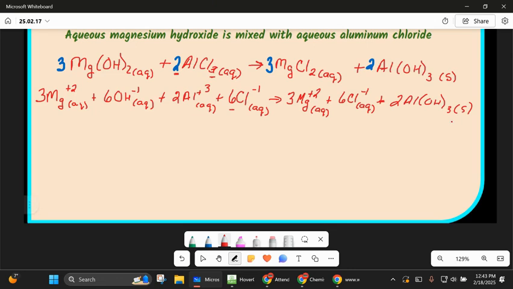Now we have something on that side that we do not have over here. This is called an overall ionic equation. We have taken everything that is aqueous and broken it apart. Now this is a double replacement reaction. I am not asking you to do this. I'm just showing this to you.